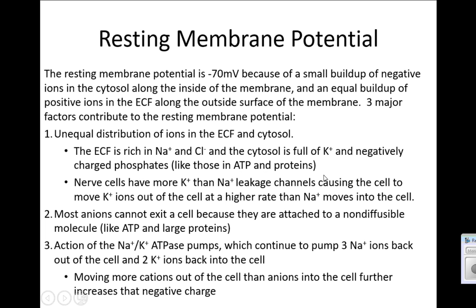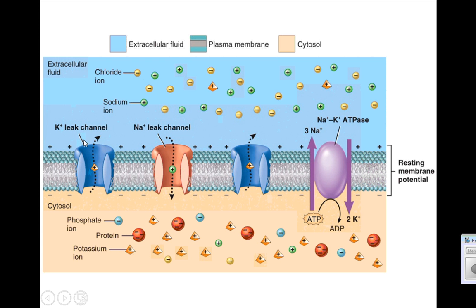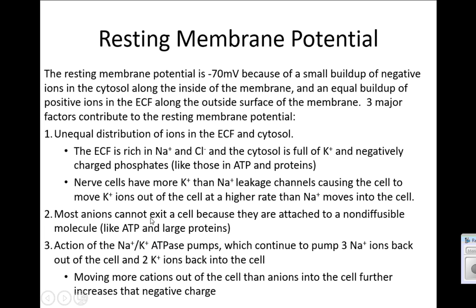okay, and even proteins. Now, neurons have more potassium leak channels than sodium leak channels. So more potassium can exit than sodium can enter. You're losing more positive out than gaining positive in. Okay. Most anions, what charge does an anion have?